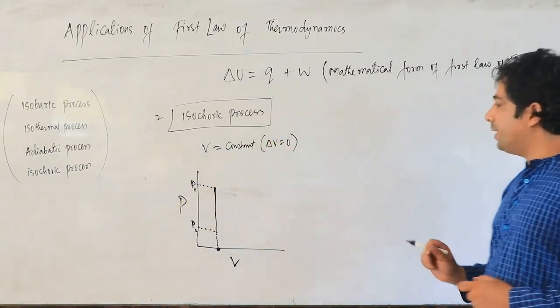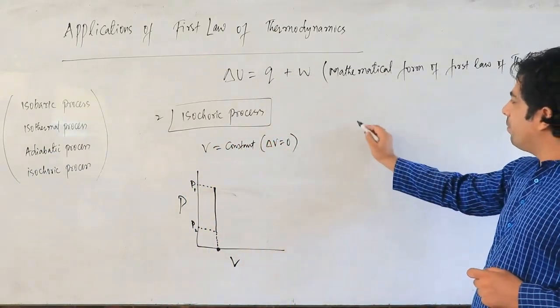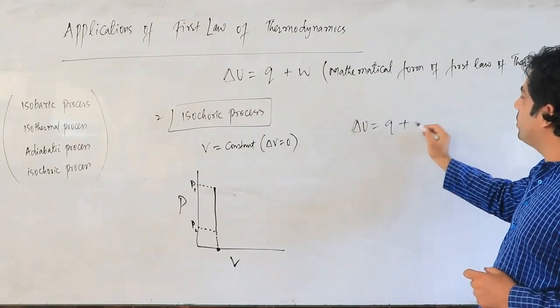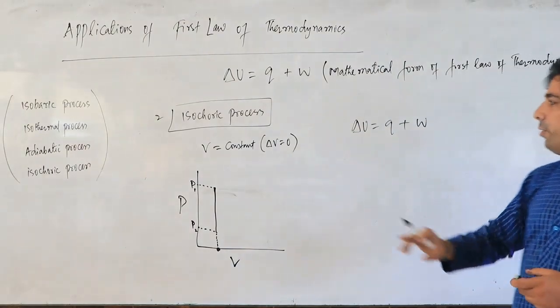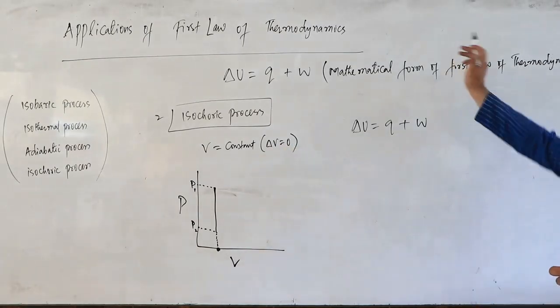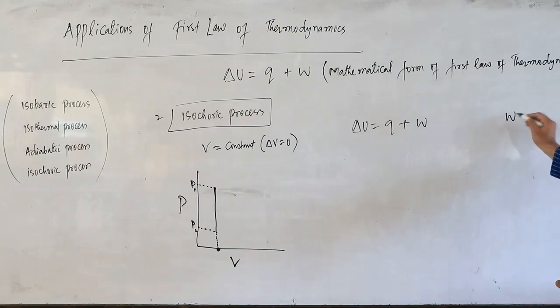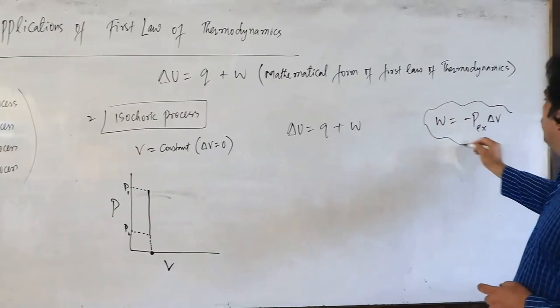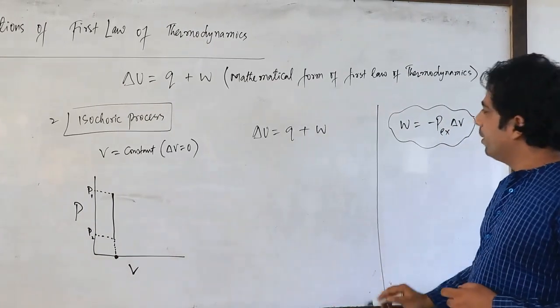Now let's apply the first law of thermodynamics, delta U is equal to Q plus W. We know that delta V is equal to 0 here. We know that work is equal to minus P external delta V. That is the expression for the work, so remember this expression.